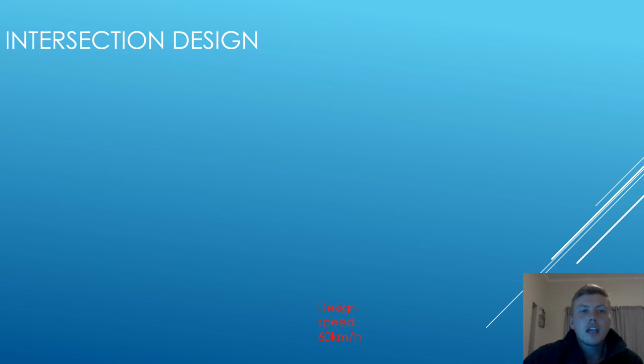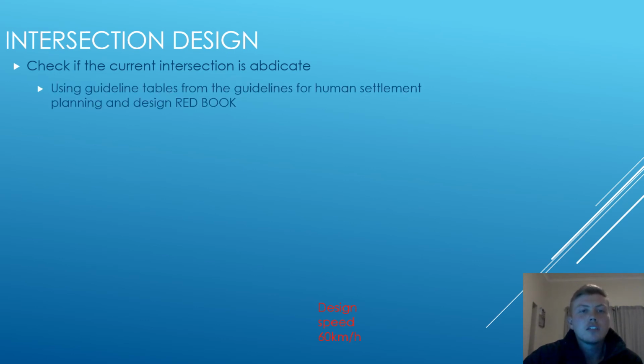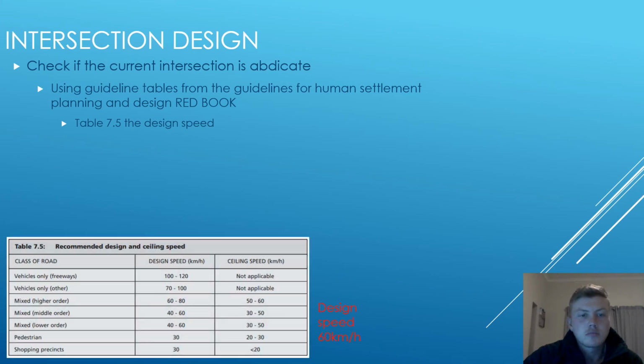For the intersection design, I had to check if the current intersection was adequate. Using guideline tables from the Guidelines for Human Settlement Planning and Design, known as the Red Book, I used Table 7.5 for the design speed. Just another table to show an example of how I got my results.